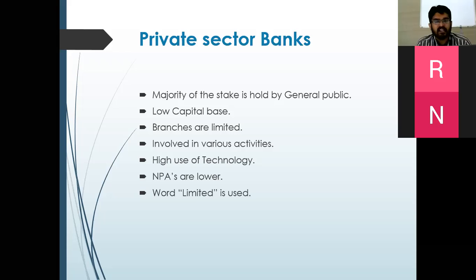Next is that NPAs are lower. NPAs are lower because the norms are very stringent. Getting a loan in ICICI Bank, the norms are very stringent and their collection policy is also very strict. Public sector banks are under government control, and the government sometimes asks the banks to give loans even if there is no guarantee of collection, to a particular segment of society.